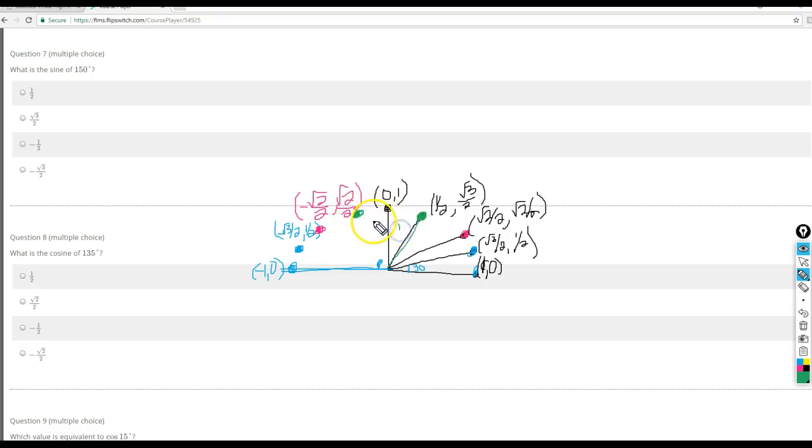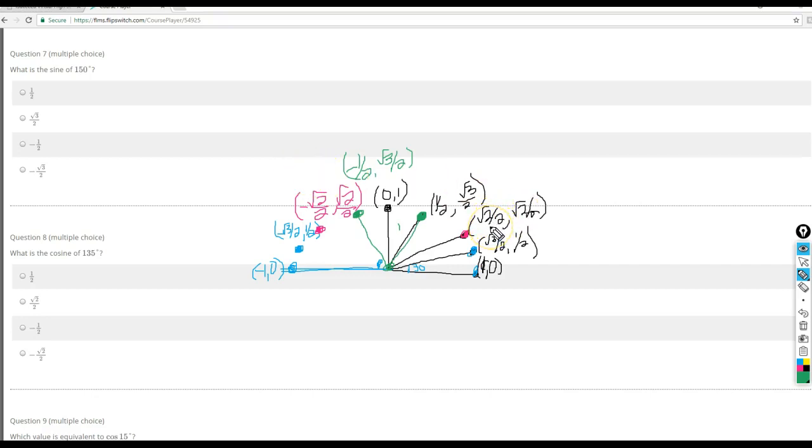It's a length of 1. So this is still a length of 1 because we had a reflection. The sign to indicate that it's in this quadrant, though, is now that it's going to be a negative 1/2, comma, square root of 3/2. So in quadrant 2, we have negative cosines and positive sines.